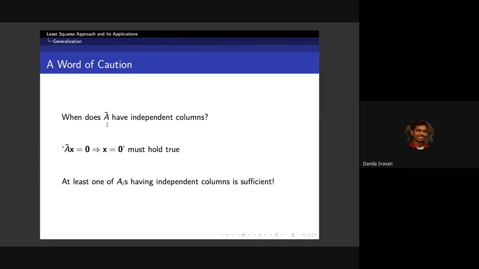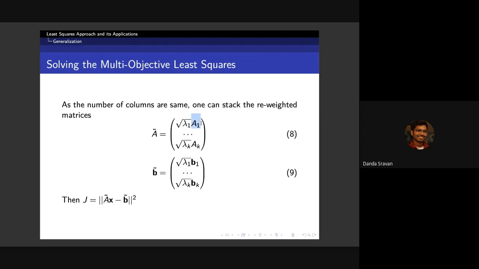So suppose my A tilde is a stacking of two matrices. One is a non-invertible matrix, and the other one is the identity matrix. So if I stack A1 and A2, with A2 being the identity matrix, when would the columns of A tilde be independent?